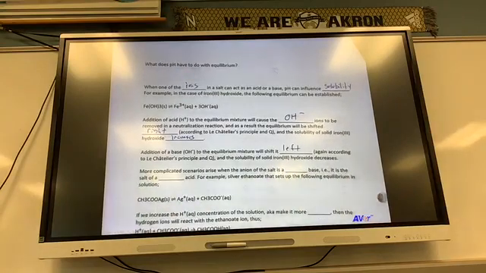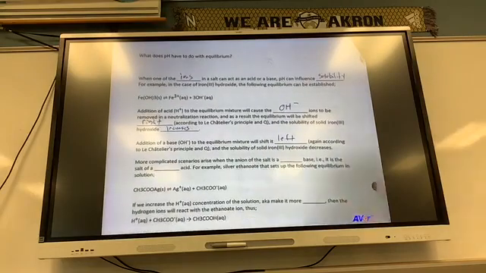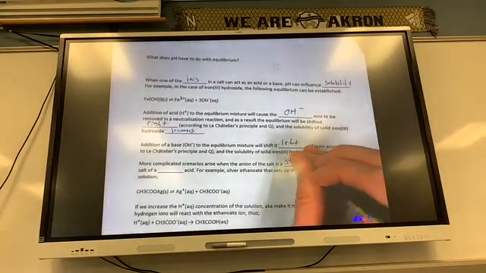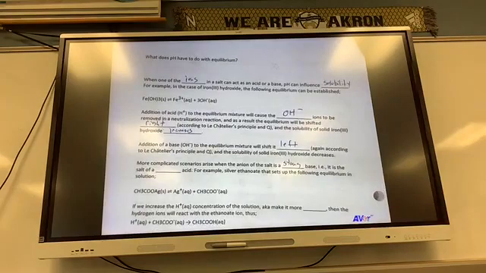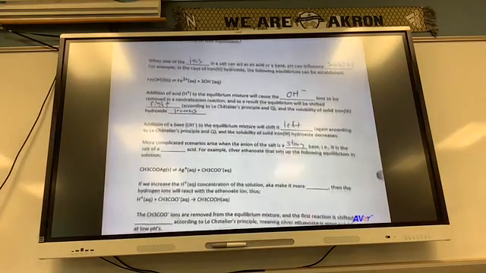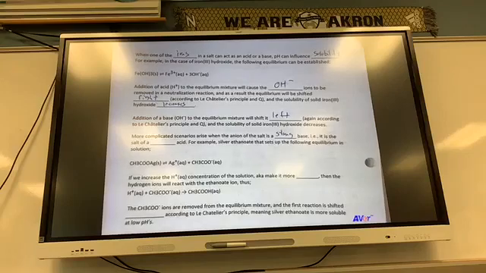More complicated scenarios arise when the anion of a salt is a strong base. Because a strong base does what? What do strong acids and strong bases do? Completely dissociate. We've got to think about these things. It's all related.